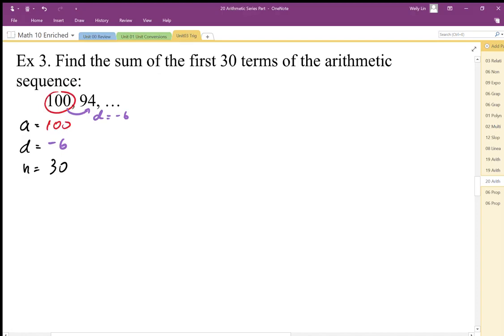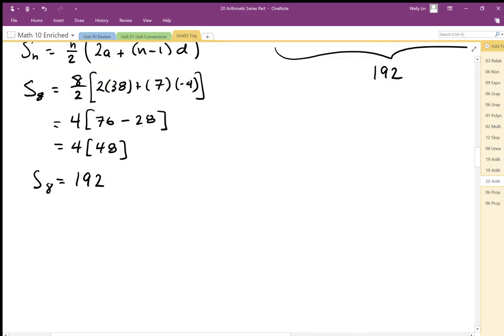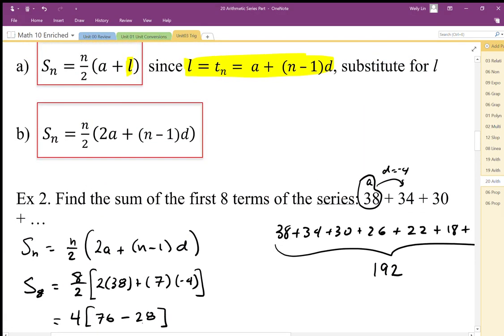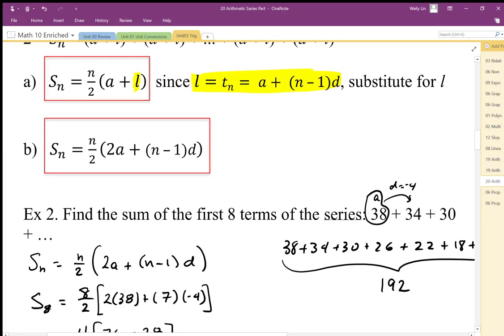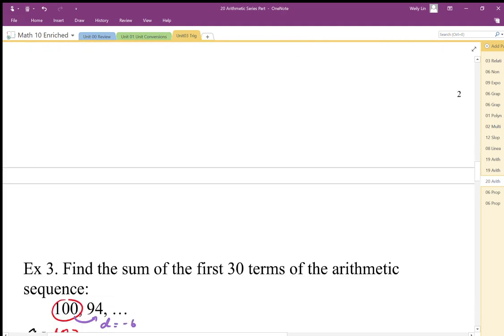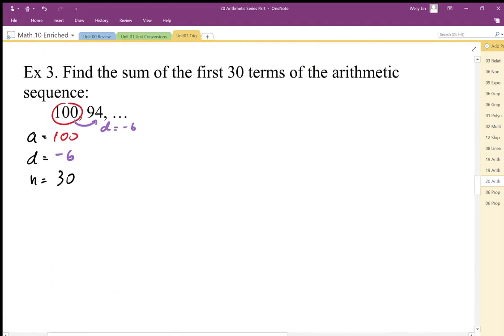So to look at our formulas then, this one here, we don't have the last term, so it's probably better to use formula B. The formula looks like this.